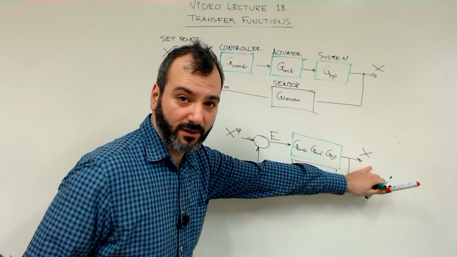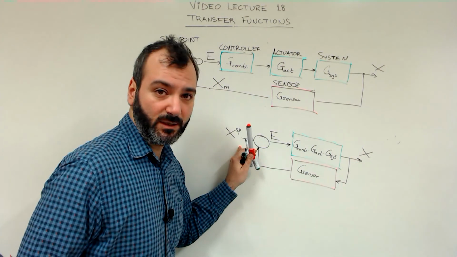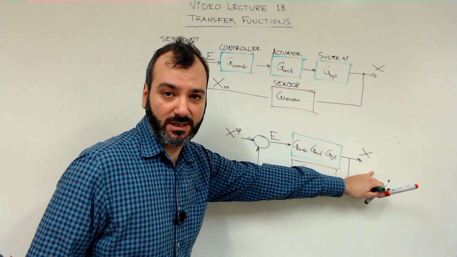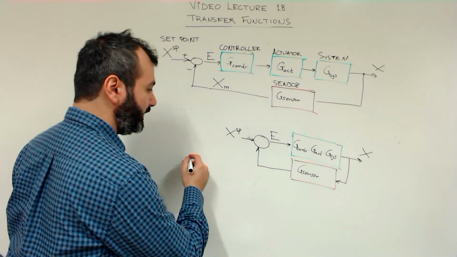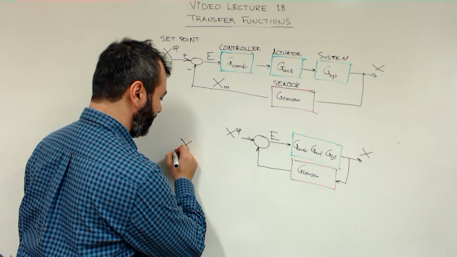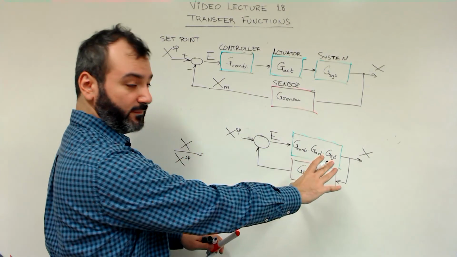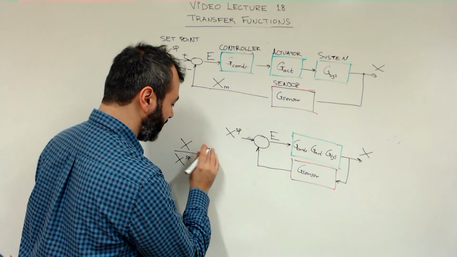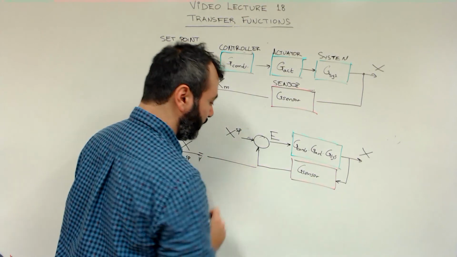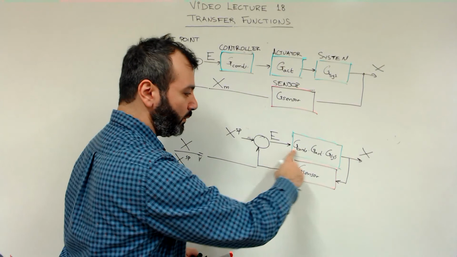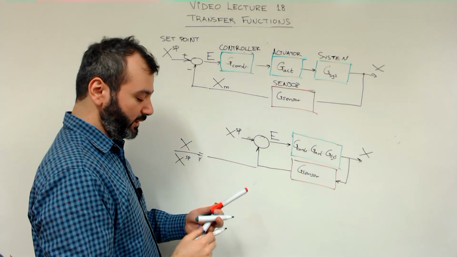So if we need the relationship between the set point, which is an input variable, and X uppercase, which is an output variable, we need to write simply that the output divided by the input, so the total transfer function that describes this system is, as we said before, as we go from the input to the output, we meet this function, the green one.